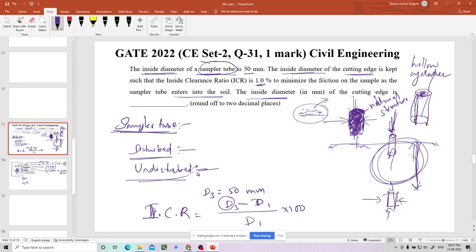D3 is given as 50, but the inside diameter of the cutting edge is not given. But he has given ICR 1%. That means this is 1%. So he is asking to find out the inside diameter of the cutting edge. That means D1 is to be found out in mm. So let's find out that.